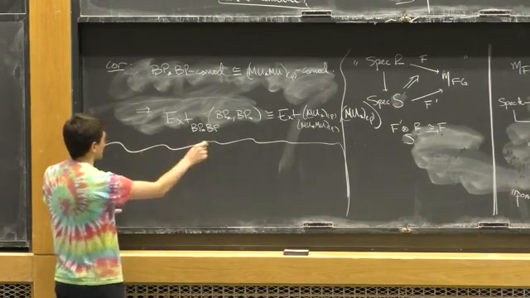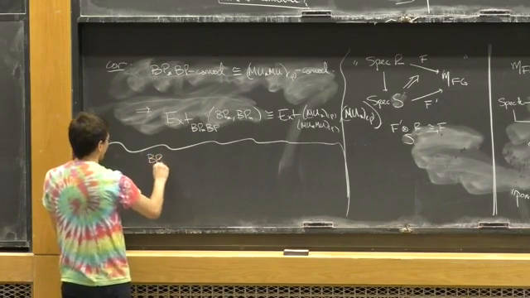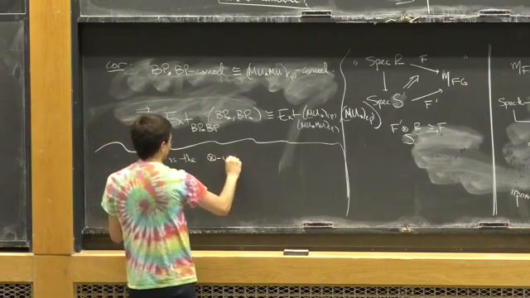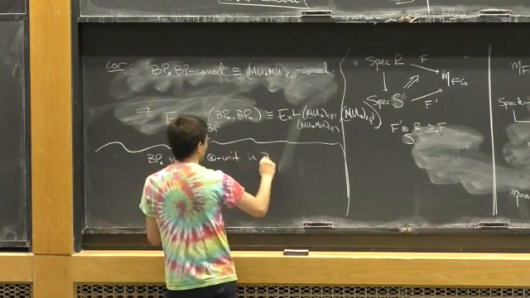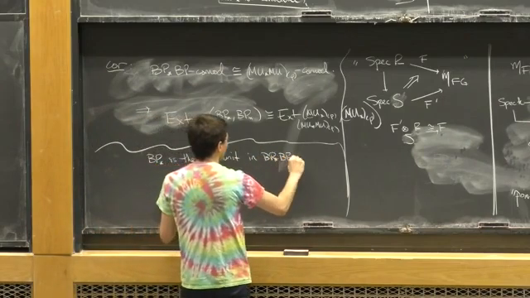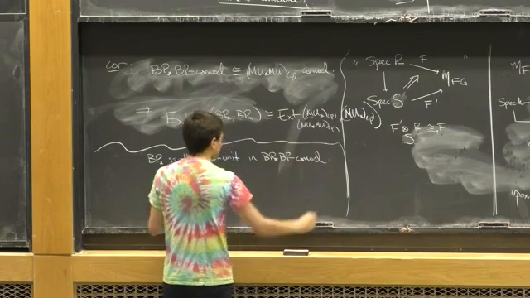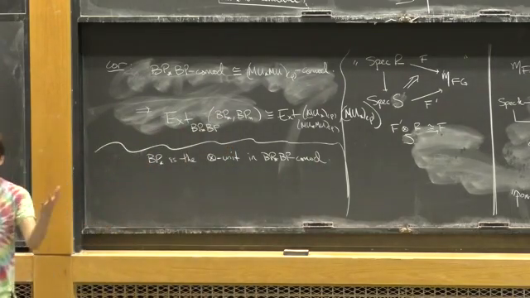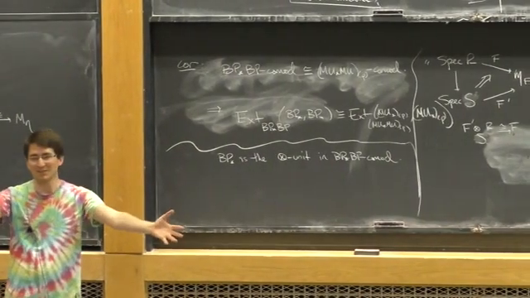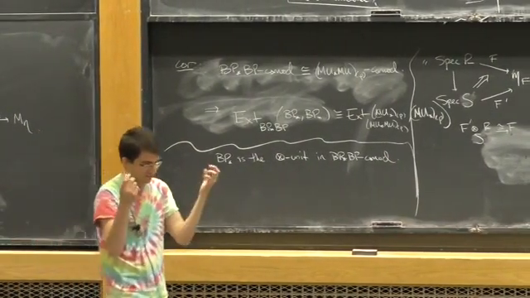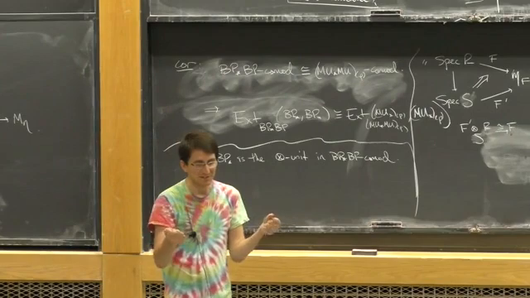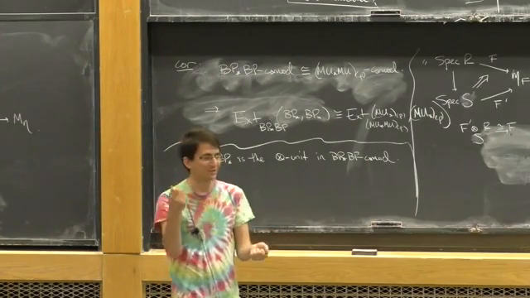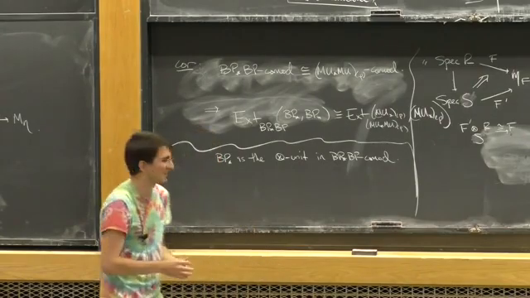Okay, so let me just point out that BP star is the tensor unit in BP star BP comodules. And if BP star BP comodules are supposed to be like quasi-coherent sheaves or vector bundles on MFG, then what's the unit in the category of vector bundles on some space? It's just the trivial rank 1 bundle, right?